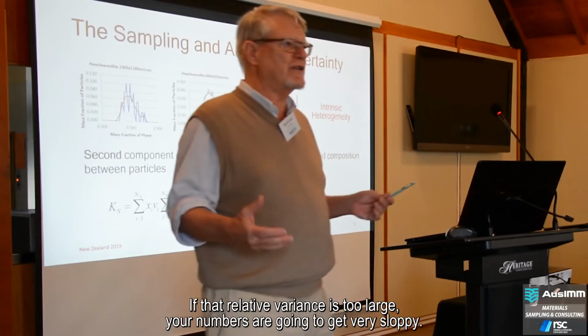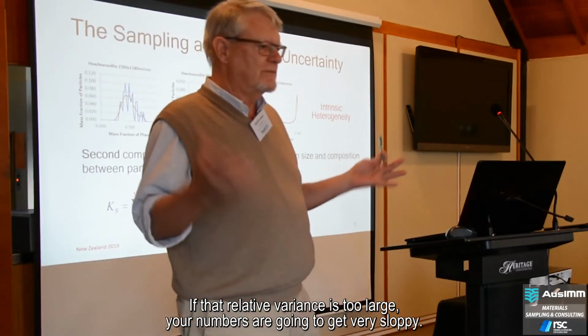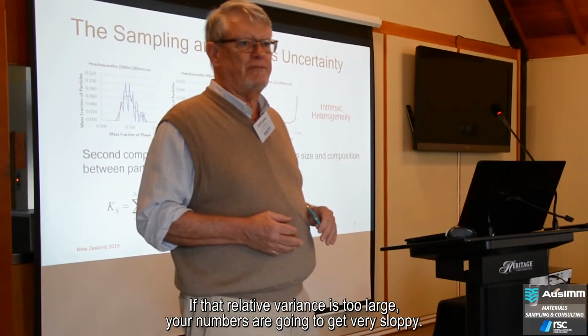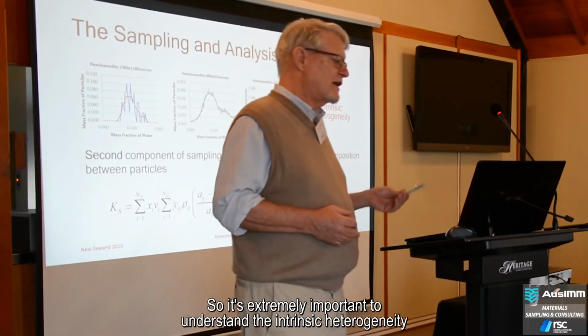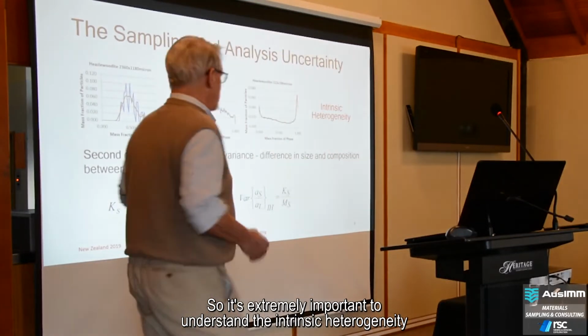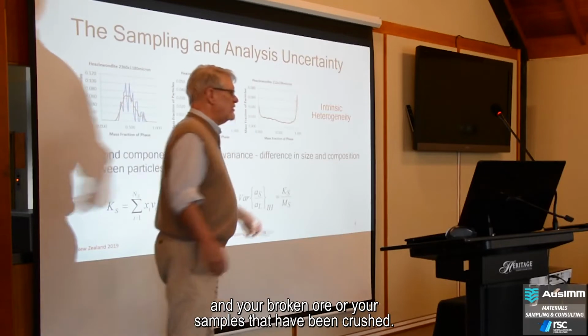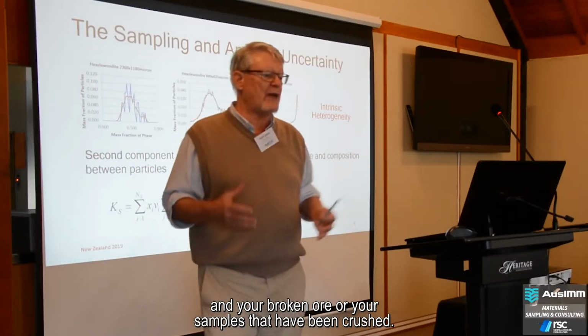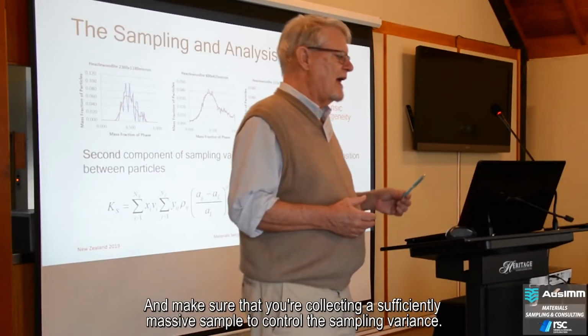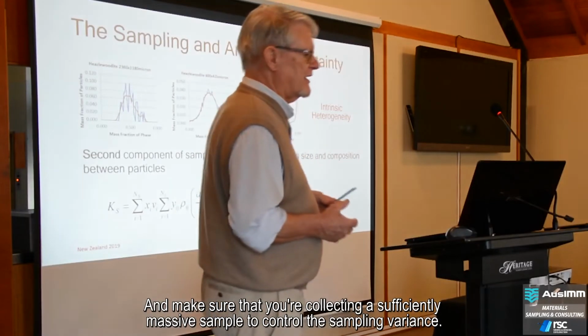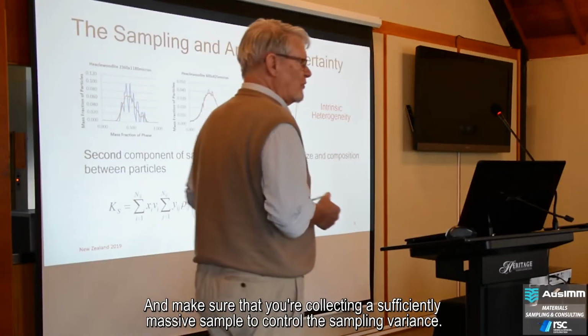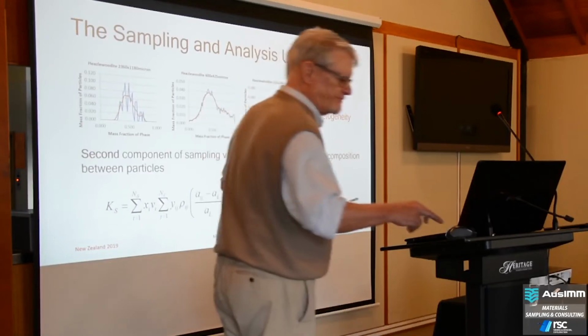If that relative variance is too large, your numbers are going to get very sloppy. So it's extremely important to understand the intrinsic heterogeneity in your broken ore or your samples that have been crushed, and make sure that you're collecting a sufficiently massive sample to control the sampling variance.